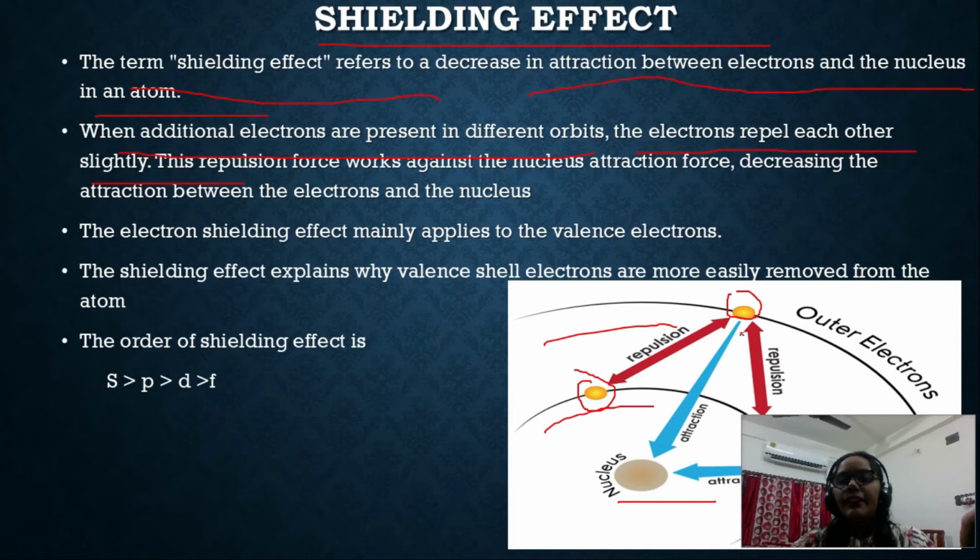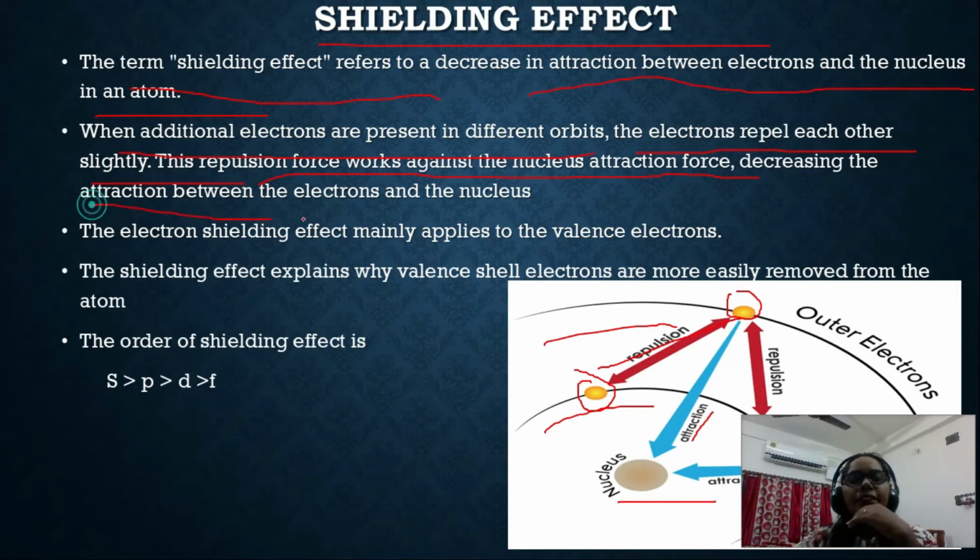Generally, in between these electrons we have the repulsion force as they have the same charges. So this repulsion force works against the nuclear attraction force. Due to this repulsion force, the attraction force with which the nucleus attracts the electron will be less.